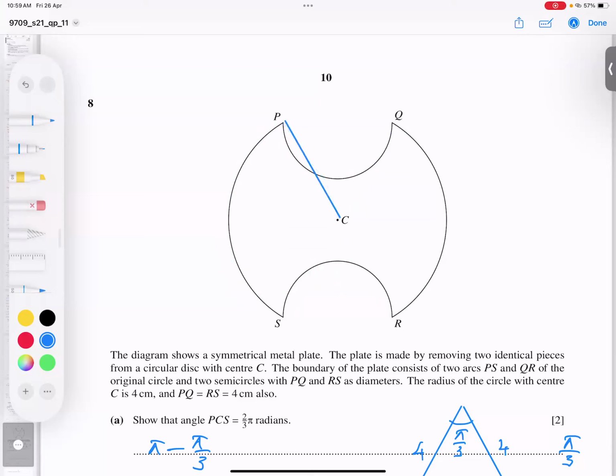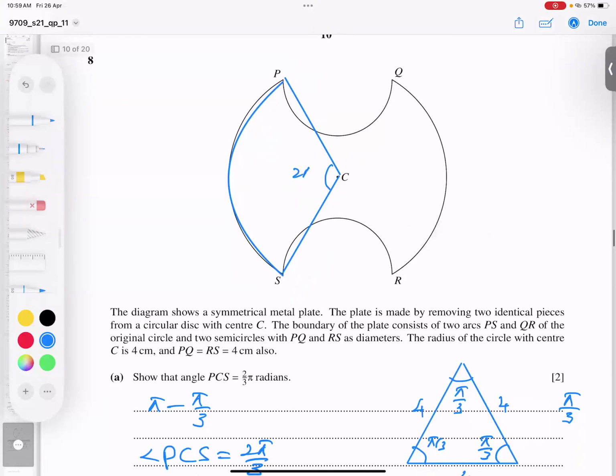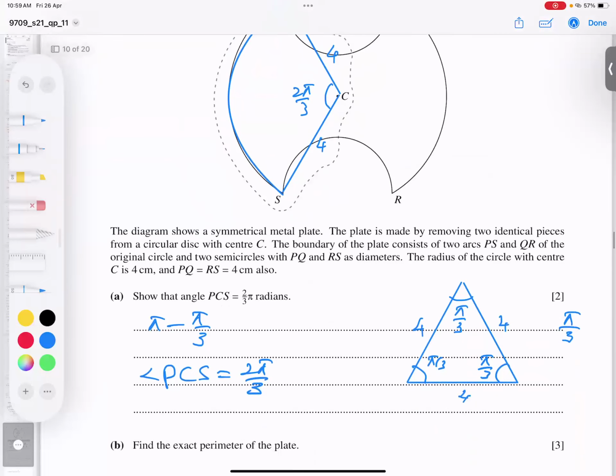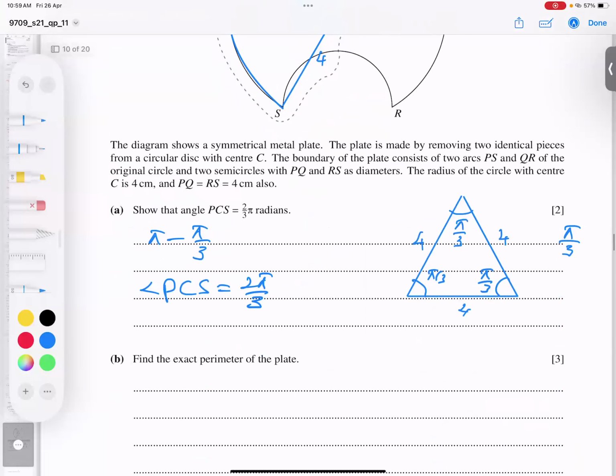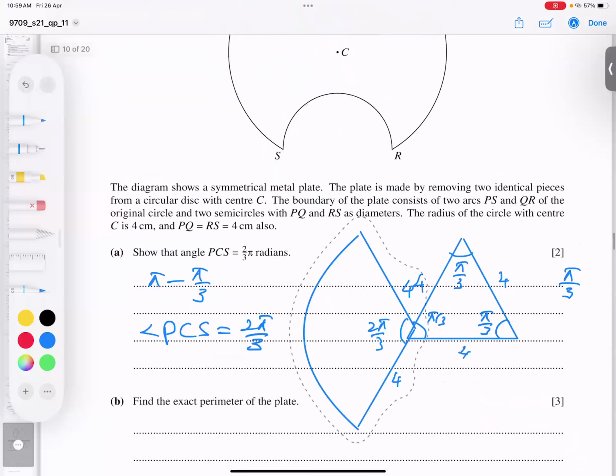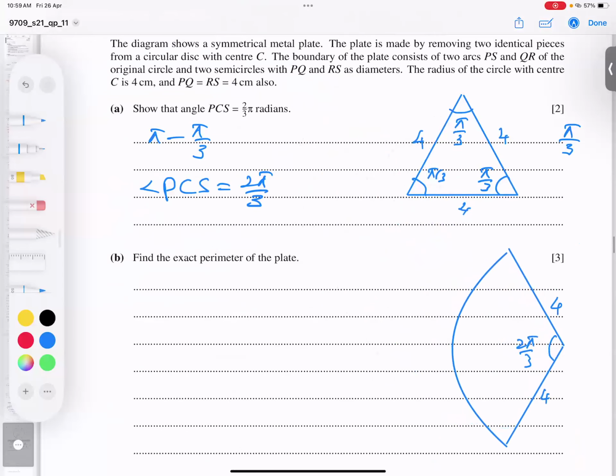So first of all, I will join them like this. This is arc length, you know it very well. This angle I just got is 2 pi by 3, and this is 4, this is 4. So this sector, I think you got it, I am bringing it down here.